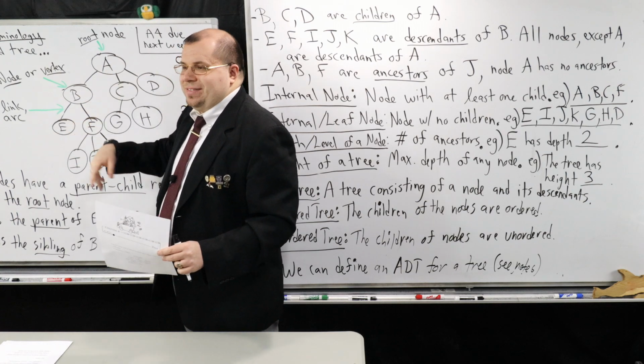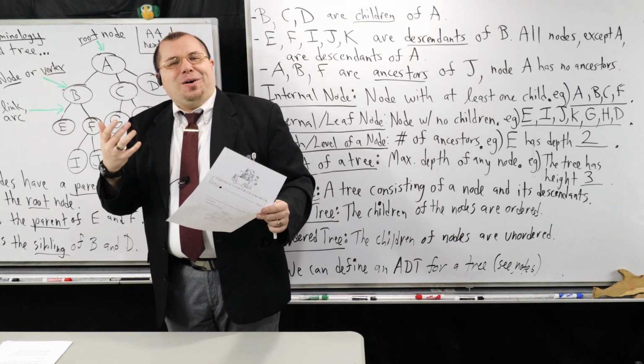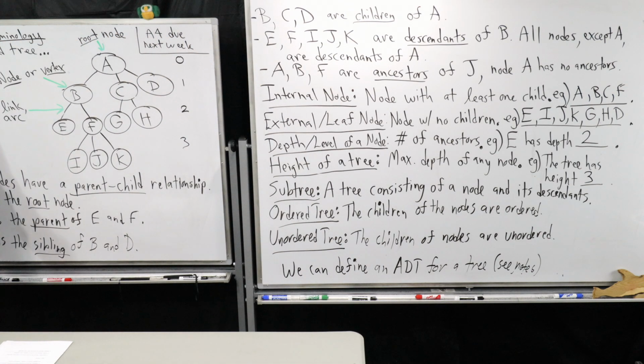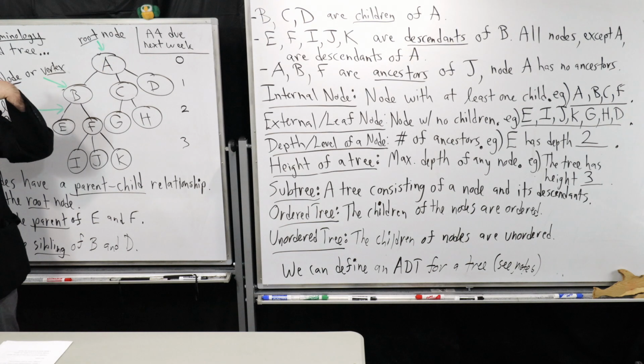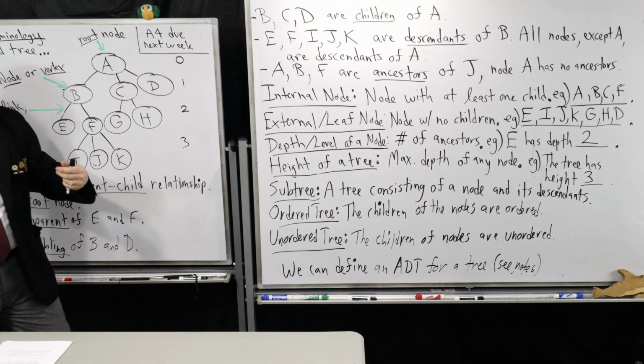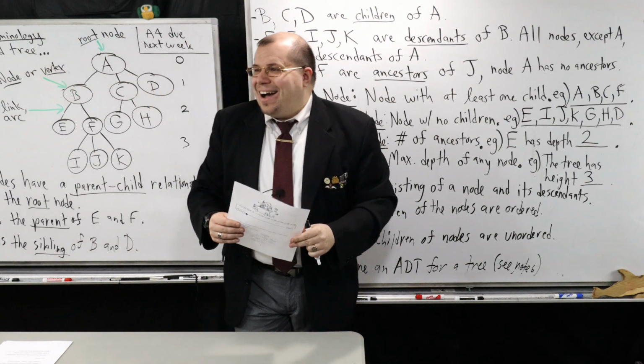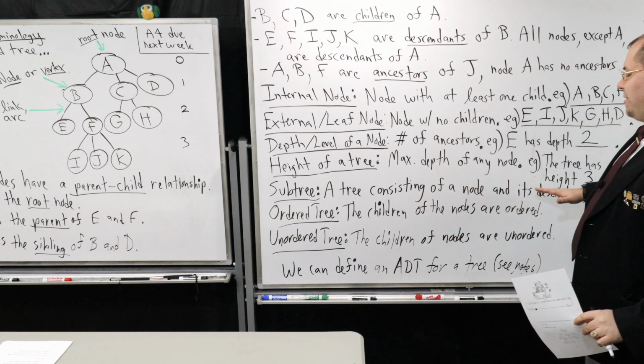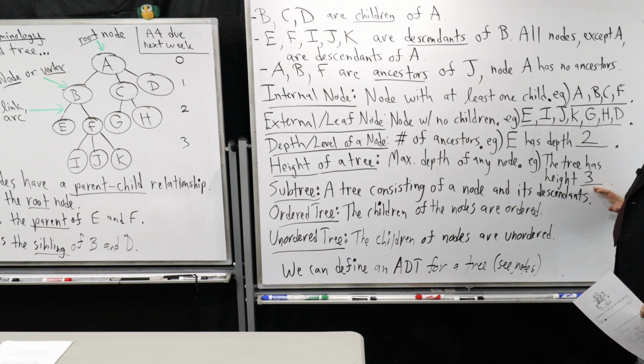I don't count myself because I'm not my own parent, right? Because if I'm at the root, for example, I have no ancestors. I am the root. So this notion of a subtree is very simple. It's just simply going to be the tree that consists of a node and its descendants.